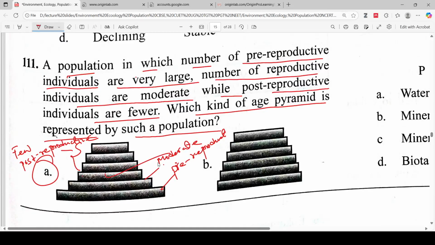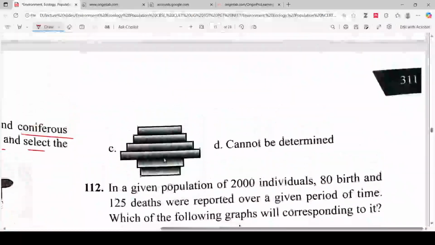So this will be the correct answer. So next question.